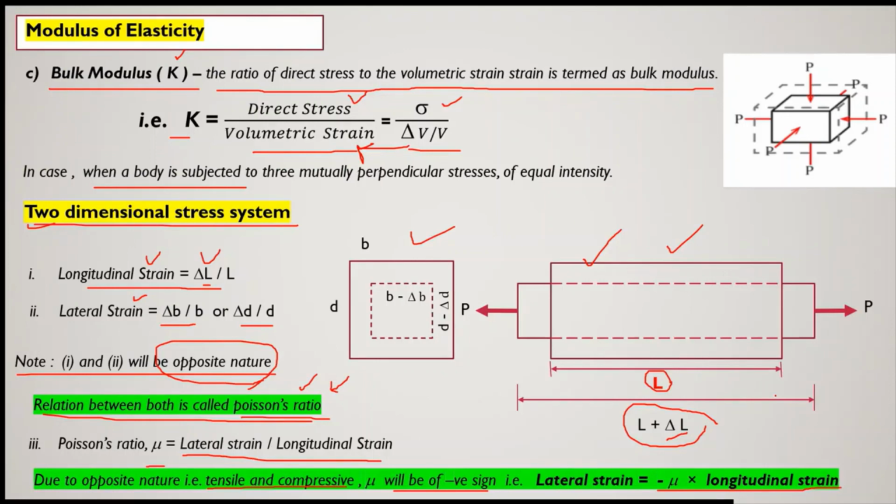That means if the length is, suppose, 2 meter and some force, 100 Newton or 100 kilonewton, is applied, then what will be the value of stress, what will be the value of strain, what will be the Poisson ratio, and what will be the different types of modulus. Okay, so today we are completing this lecture here, that is Poisson ratio.